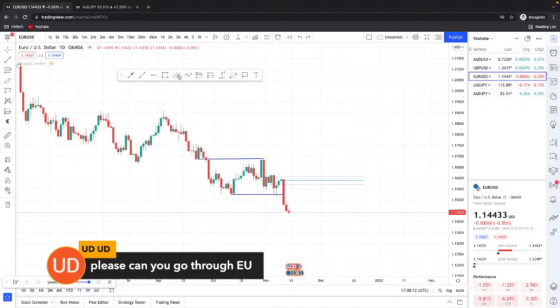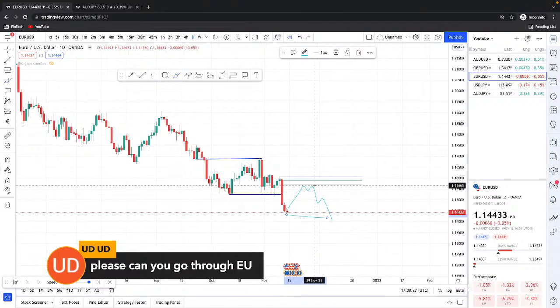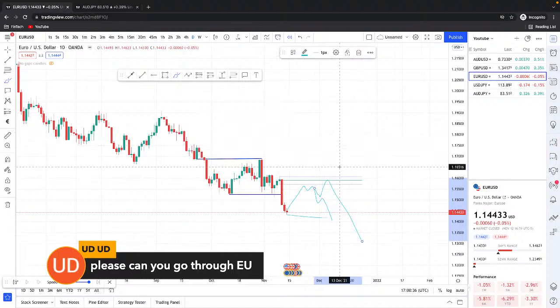For example, if it's coming very fast here, the momentum is down and it will probably take this low. And if the momentum is slow, it will probably come up and then go down. So you need to play both things.